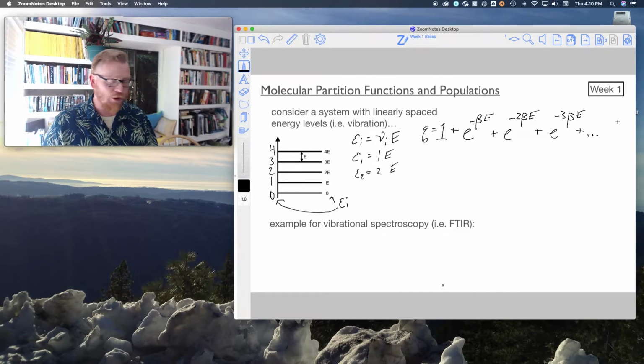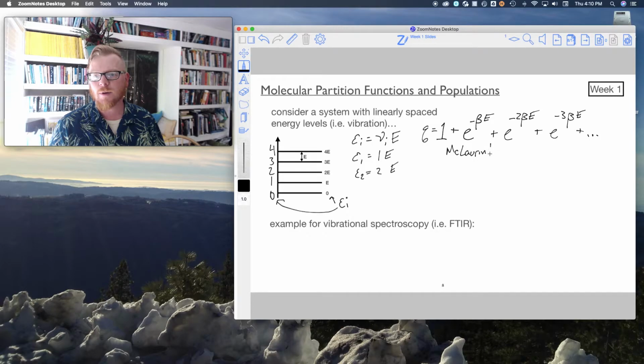Those of you that are good at math will recognize this as a Maclaurin series expansion. Hopefully you did, but it's been a long summer, so I'll forgive you if you didn't recognize that right away.